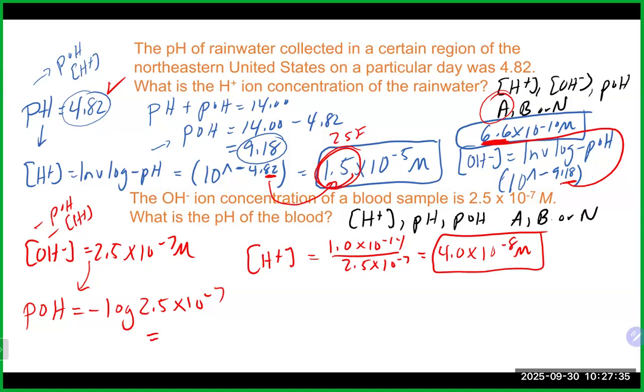That would get us a pOH here of 6.60. Once again, two significant figures, two decimal places. Since I did get the H plus already, I could do the pH here as negative log of 4 times 10 to the minus 8. 4 to the minus 8, there it is.